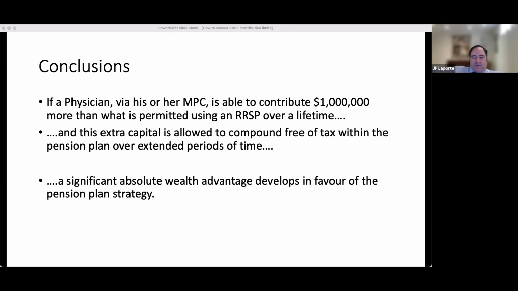over the RRSP. And what I really love about all this is that at no point is this extra wealth that we're guaranteeing for ourselves dependent on being good at picking stocks. It has nothing to do with taking risks in the marketplace.